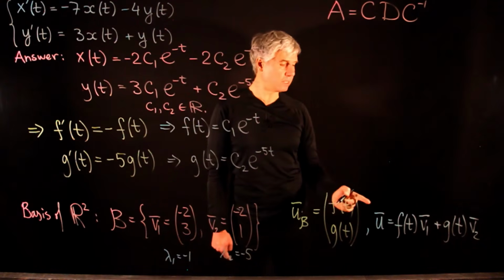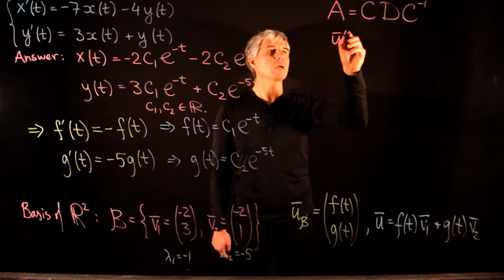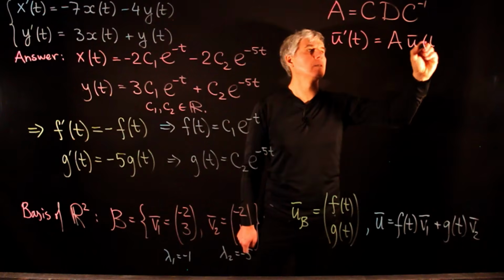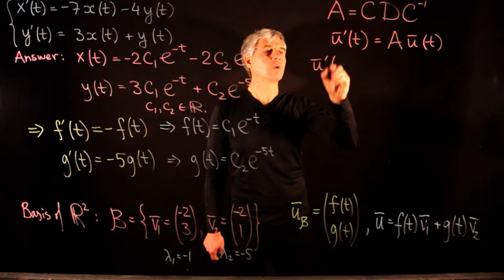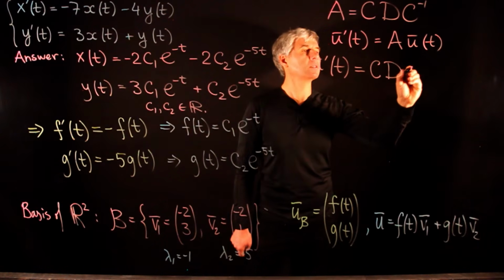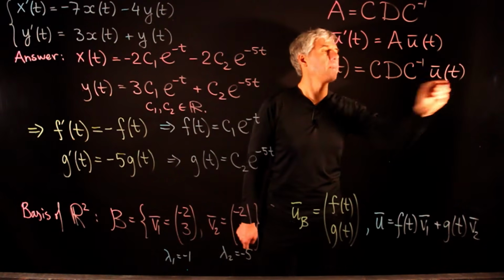So let us plug this into our equation, u prime of t is equal to A u of t. Then we get u prime of t is equal to C D C inverse u of t.